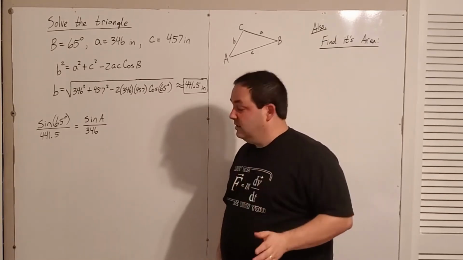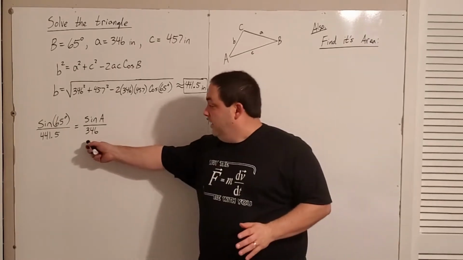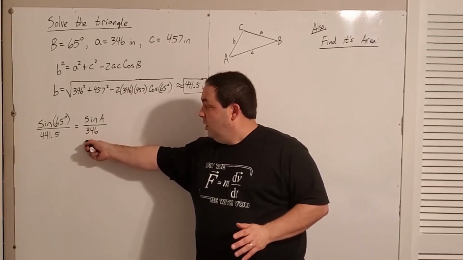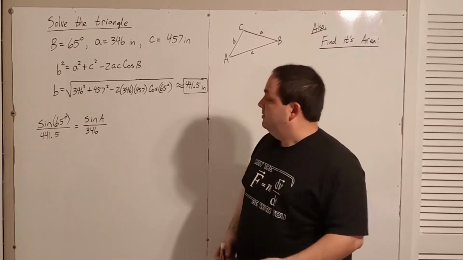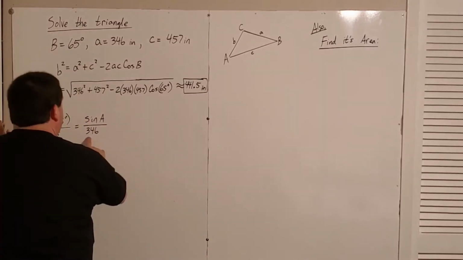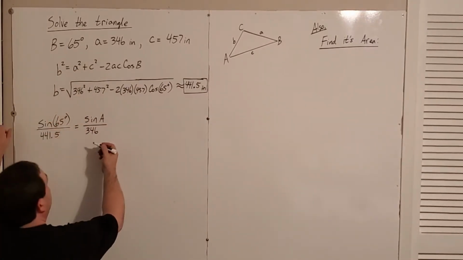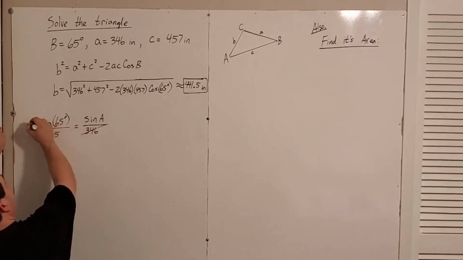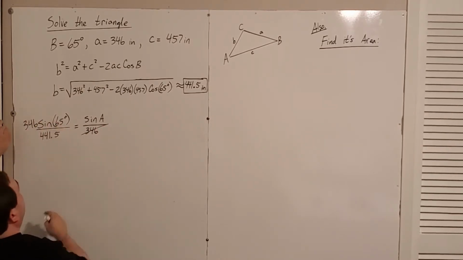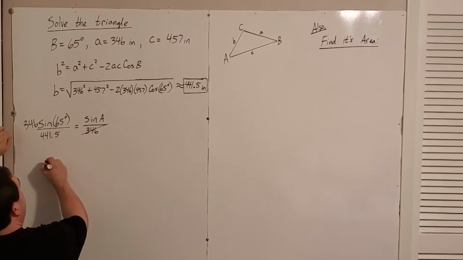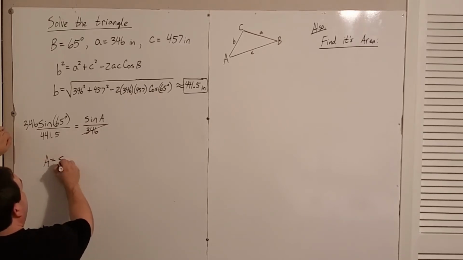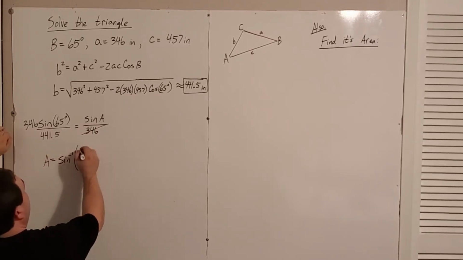So anyway, back to this. If I go ahead and solve this the way we did in law of sines, I will multiply the 346 over to this side, and my A angle is going to end up being the inverse sine of that.